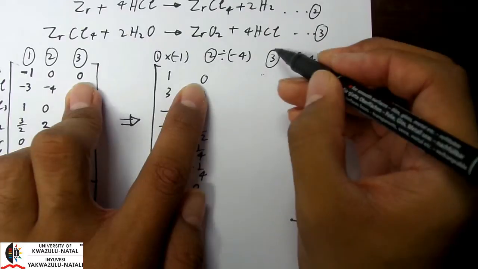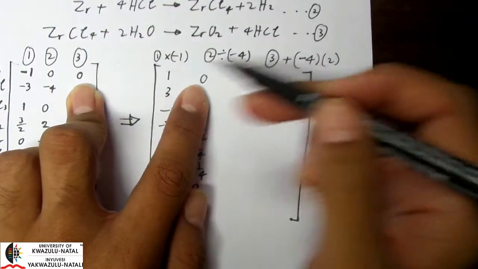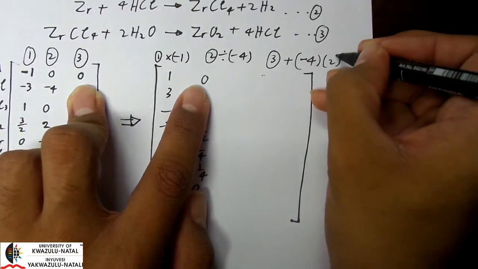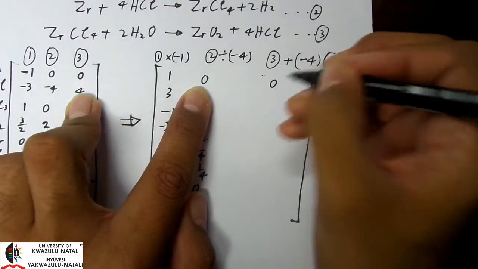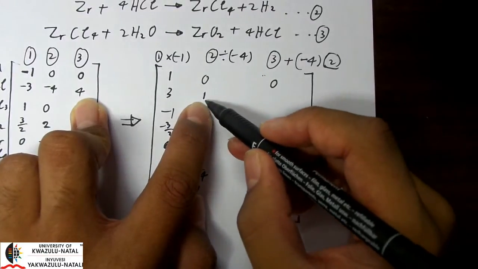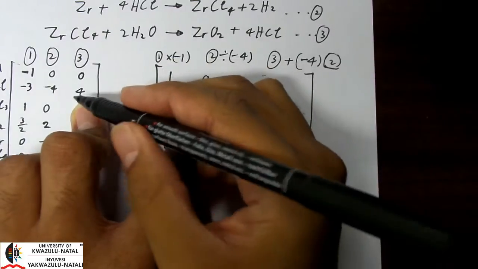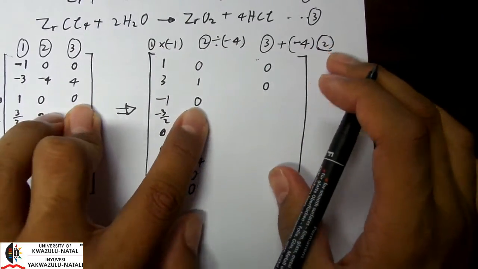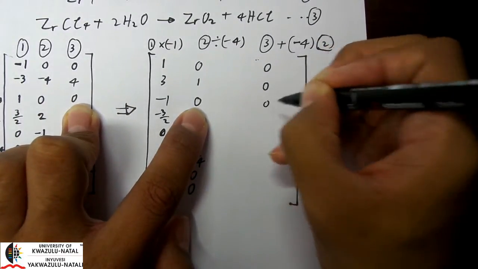so we have the old column 3, which is, so that's 0 plus minus 4 times the new column 2, so that will remain as 0. 4 plus 1 multiplied by negative 4, which is ultimately 4 minus 4, so that's a 0. 0 minus 4 times 0, that's also 0.